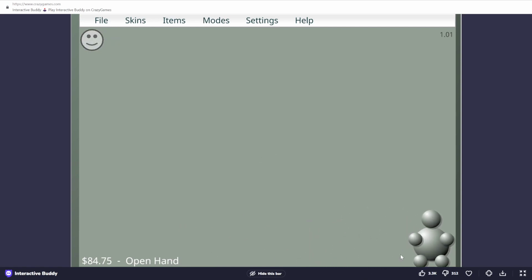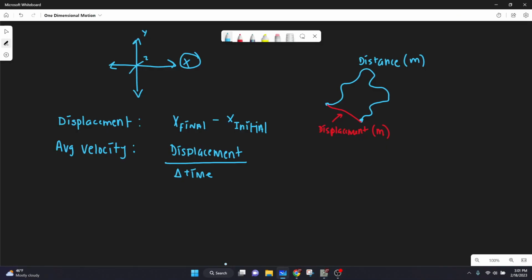We would calculate where he started, which he started over here, and this is his final spot over here. I didn't mean to touch him again. Whoops. Over here, the difference between this ending position and his initial position divided by the time I was moving him, which was about 4 seconds. And so that would be his average velocity.